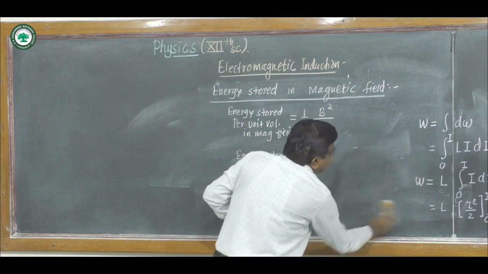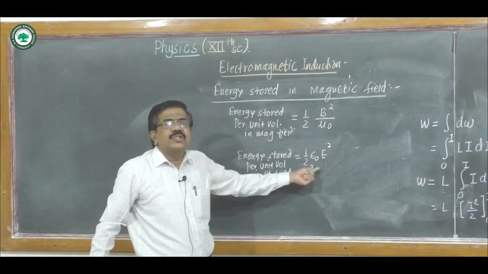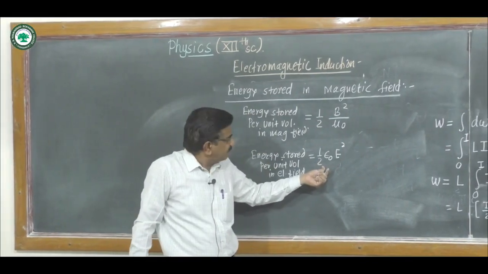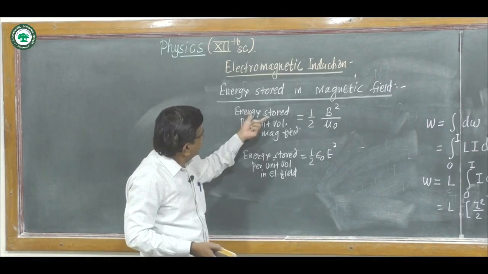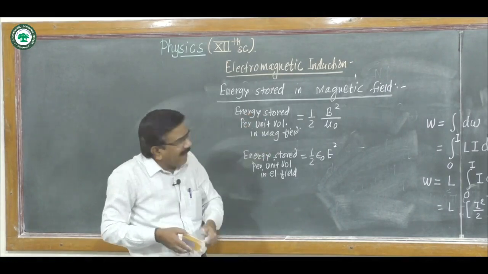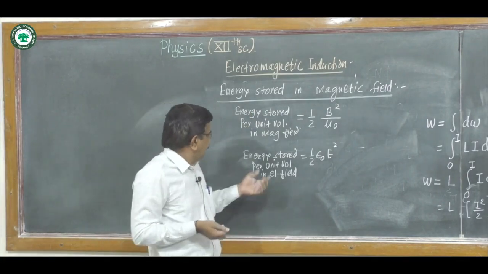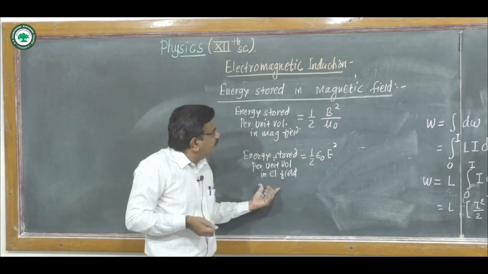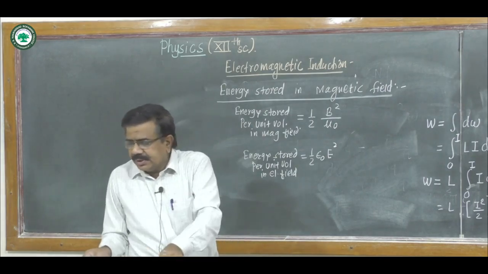Hence, these are the analogous equations. Epsilon 0 is the permittivity of free space. Mu 0 is the permeability of free space. Energy stored per unit volume in a magnetic field is 1/2 B square upon mu 0, and in an electric field it is 1/2 epsilon 0 E square.